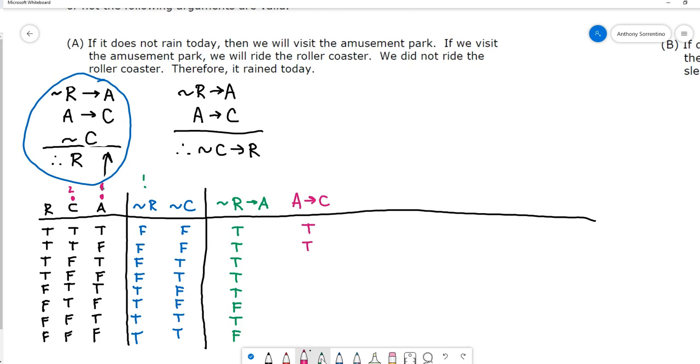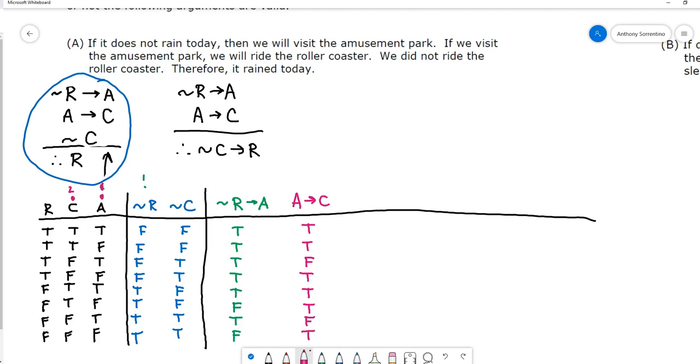If I have A being true and C being false, like in line 3, this is going to be false. A is false in line 4, so it doesn't really matter what C is. And then they're both true. A is true, but C is false, which makes this false. And then A is false, which makes this true.